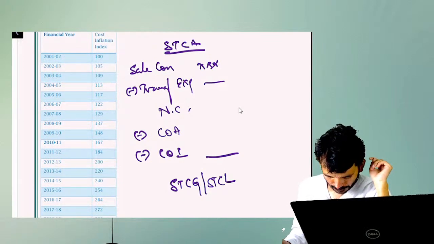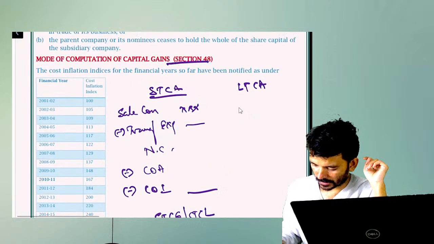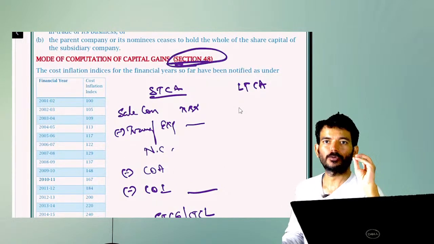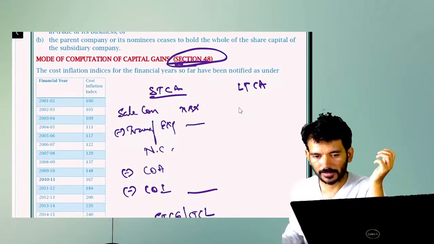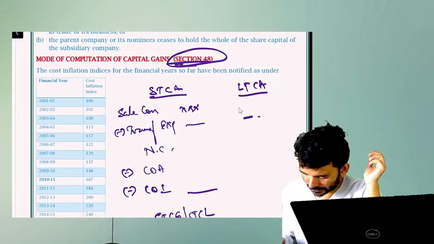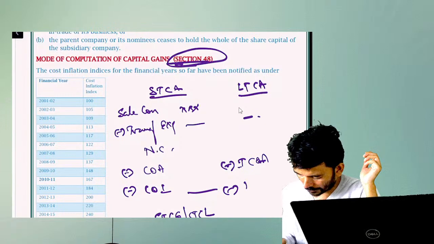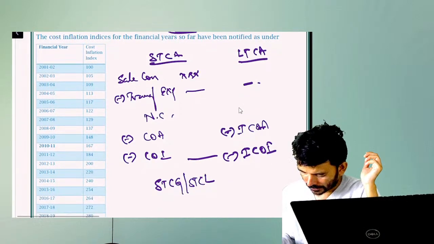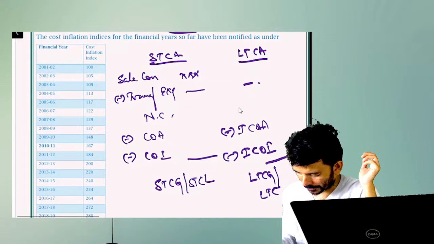If it is a long term capital asset, this is the section 48: long term capital gain or long term capital loss.